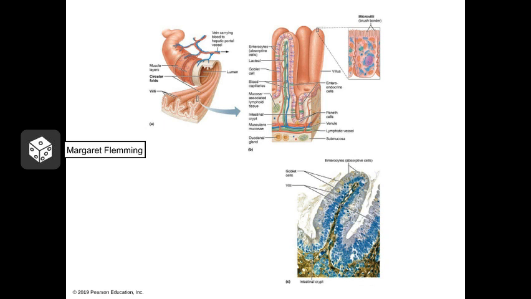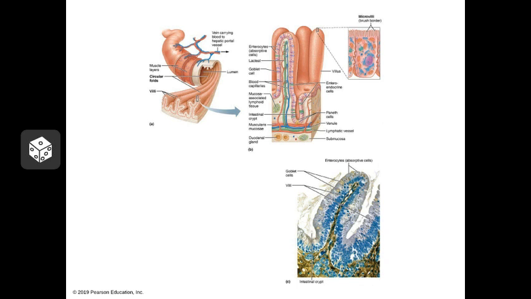As I often say, how it's built dictates how it works, and that is certainly true of the small intestine. So let's take a look at the histology of it rather closely. The first thing to look at will be the mucosa.